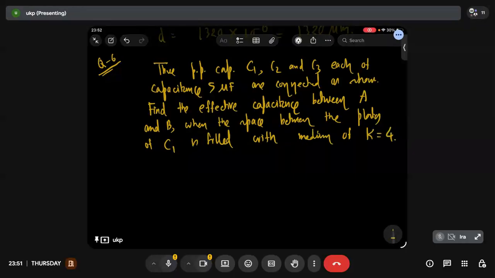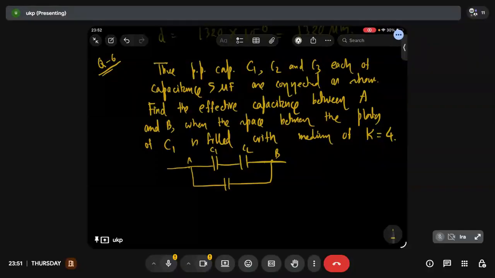And the circuit is given something like this. This is C1, this is C2, this point is B, and they reach C3. We'll be giving me the answer in microfarad.